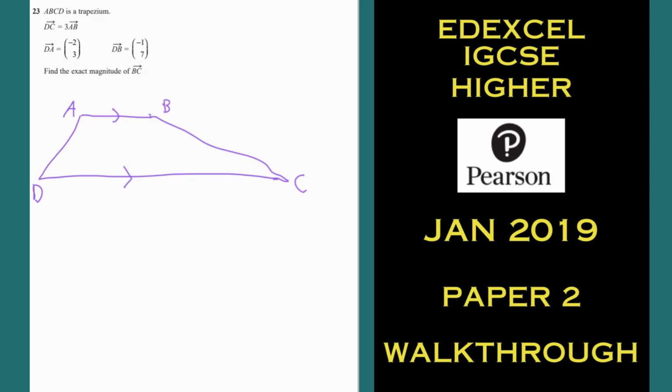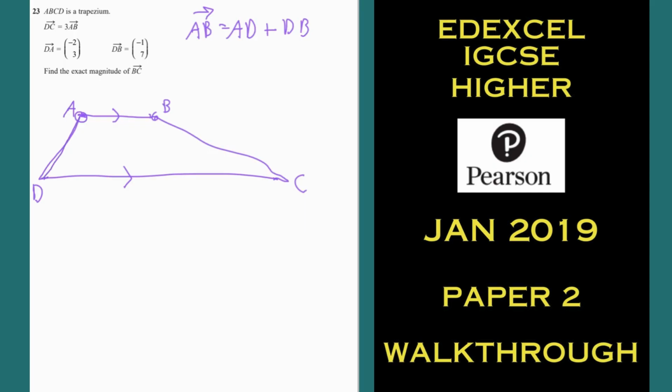So, first job, how do I get from A to B? We've got this. If I want to go from A to B, I need to think about how I get A to D and D to B. That's my journey.